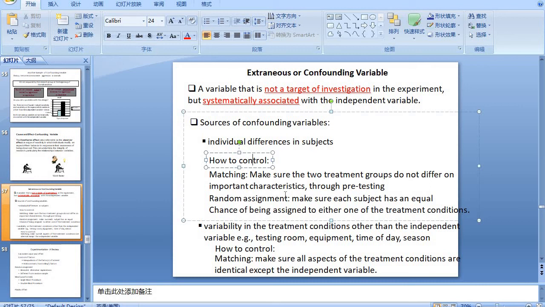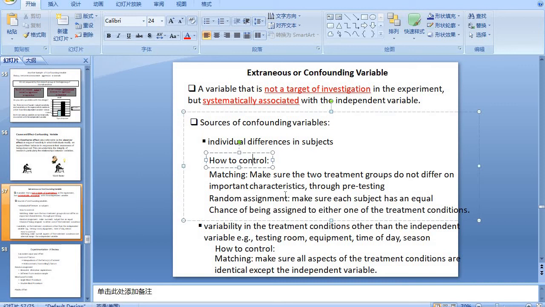Once you have got your sampling done, make sure every single subject in the sample has equal opportunity to be assigned to either condition. Random assignment will even out the individual differences if you have a large number of subjects.